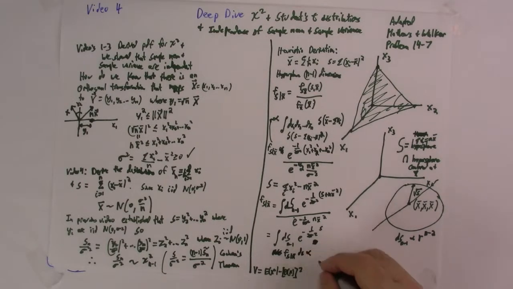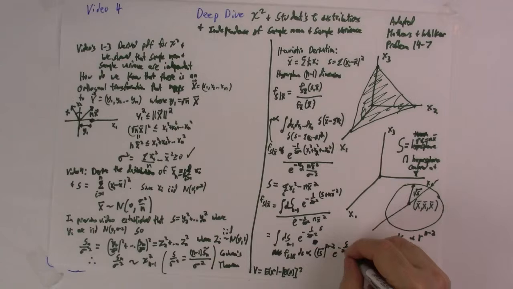This is proportional to the volume, which is the square root of s to the n minus 2, times e to the minus s over 2 sigma squared, because this has the same value on the reduced hypersphere and hyperplane that we're integrating over.